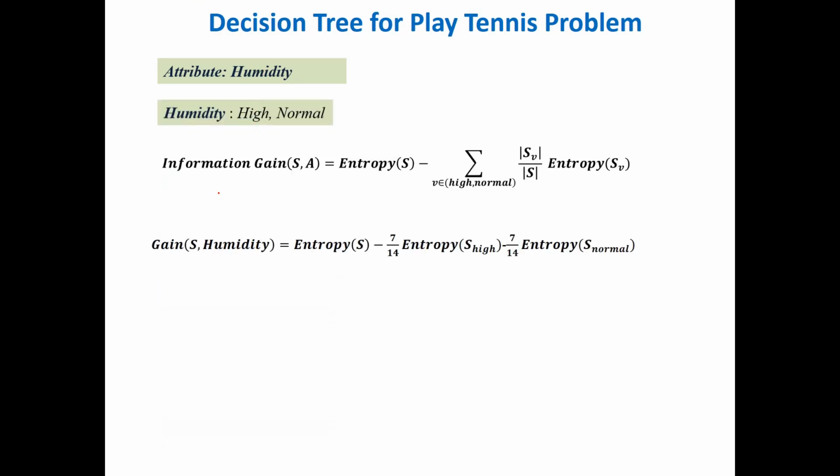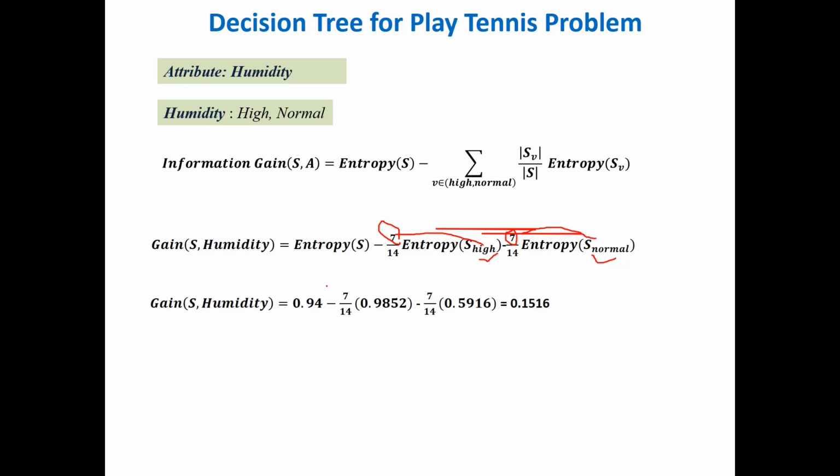Same formula we will go with, and information gain is equal to entropy S minus these two values, high and normal. So entropy of the whole data set minus 7 high examples over 14 and 7 normal examples over the 14. So it is 0.94 minus 7 by 14.